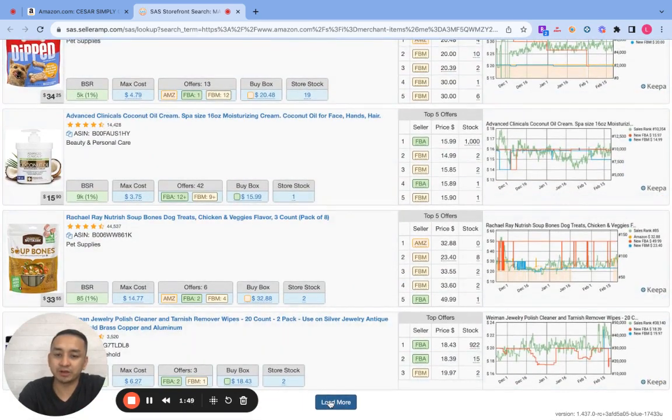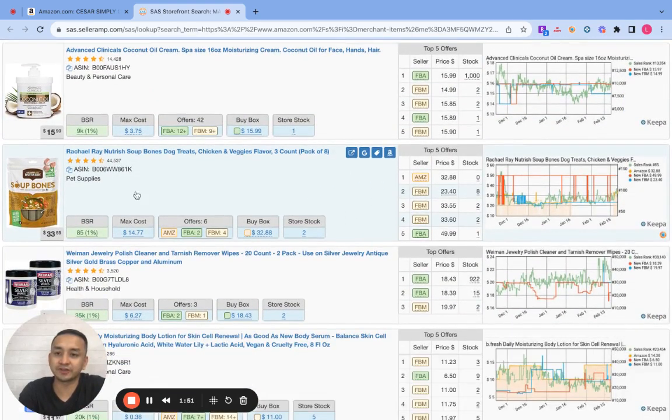I like picking products that have a maximum cost of at least $10. Just because it's just easier to find. Because if a product has a maximum cost of $10, it gives me enough margins to make some profits, right? So for example, this one is the product that I like.